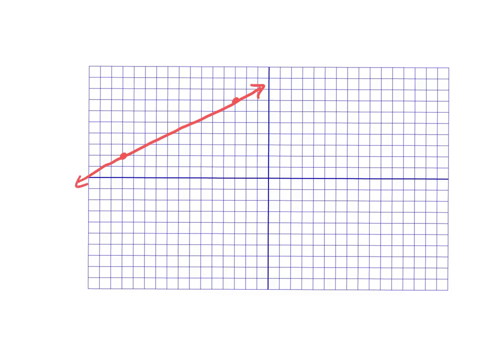Okay, I want to find the slope of this line. If they give me a graph like this, then finding the slope is just a matter of counting. Like we said a second ago, we are simply going to do rise over run. So we're going to move up, and then we're going to move over. We have to find 2 points that are on that line in order to do it.